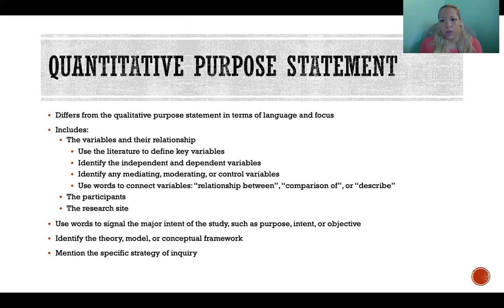So maybe you're using social cognitive theory, or maybe there's a theory of behavior or whatever theory it is, depending on what you're studying, that you are using as a framework for how you are designing your study, and the filter through which you are viewing the purpose of this study and how you're going to proceed from here. So if you are working within a conceptual framework, then you're going to want to mention that and discuss that a little bit there, maybe define it if you need to.